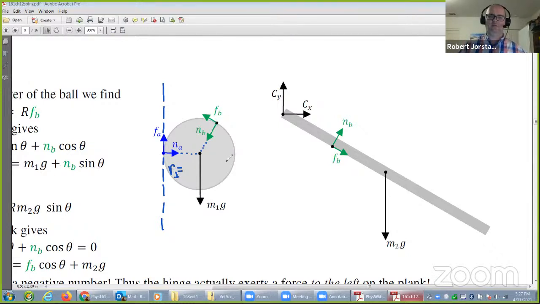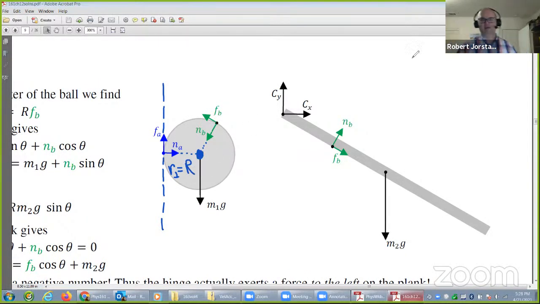What's the lever arm if the center is the pivot and the force is FA? It should be R then. R. The lever arm is R perpendicular.